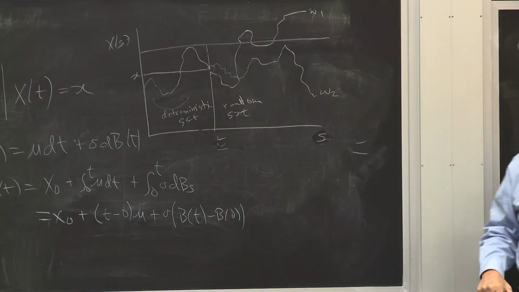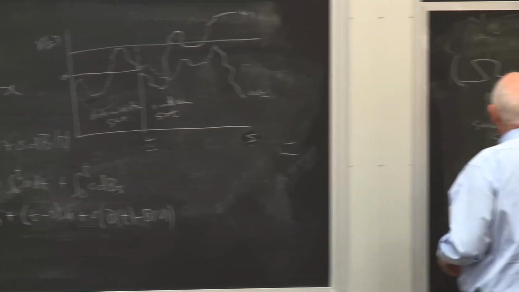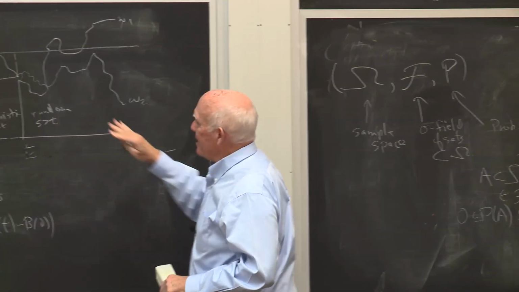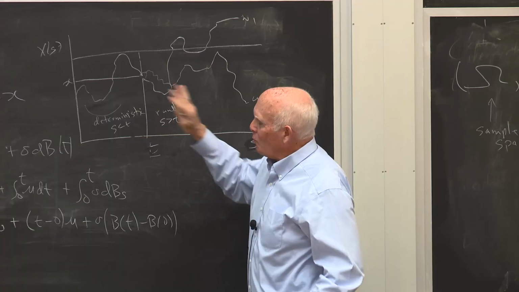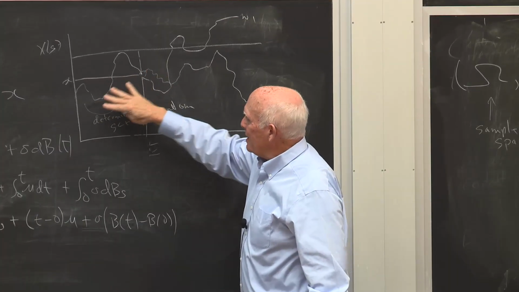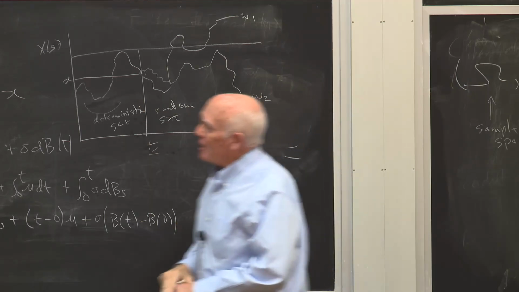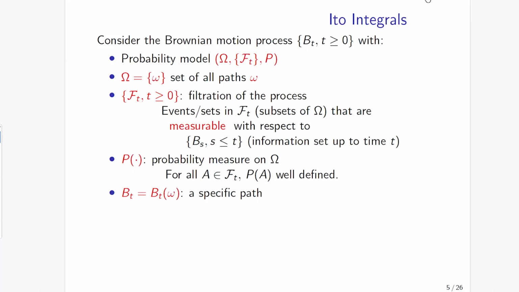So in script Ft, it basically says, okay, we can work with paths that are deterministic before time t, but then are random after time t. And so that relates to the concept of being measurable.